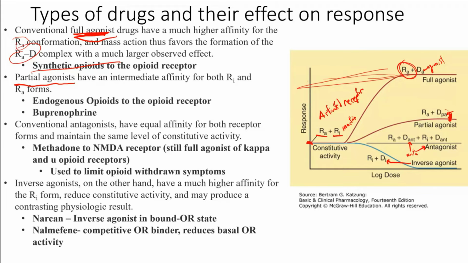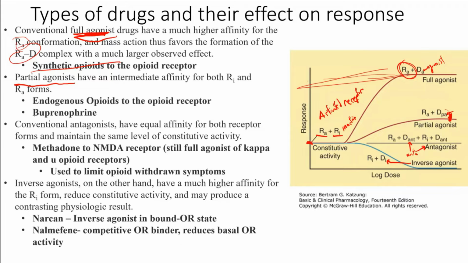The reason for that is the structure-activity relationship, which we'll cover more when we get into specific chemical binding of drugs into pockets. But in general, that specific drug just doesn't cause a full response.